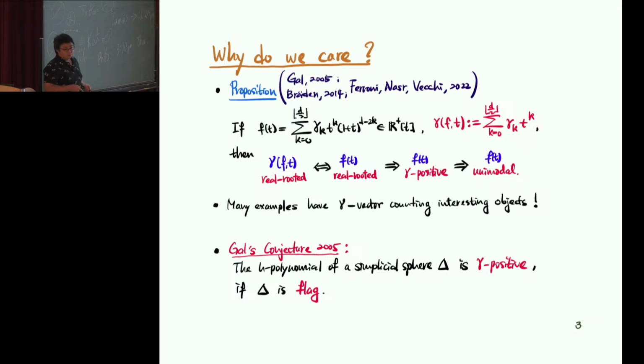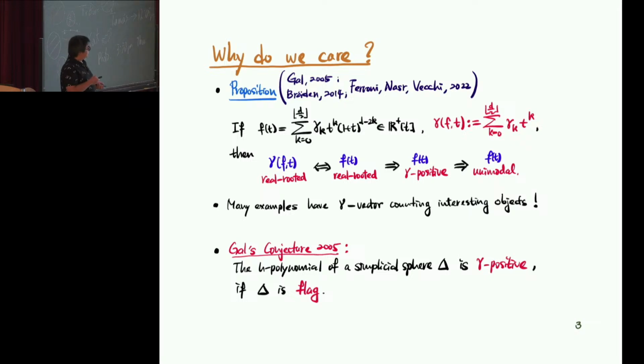So why do we care about this? First, in the space of palindromic polynomials, gamma positivity lies between real rootedness and unimodality.